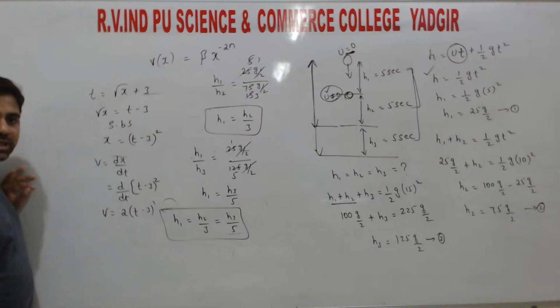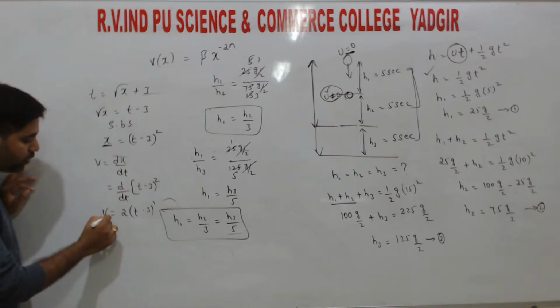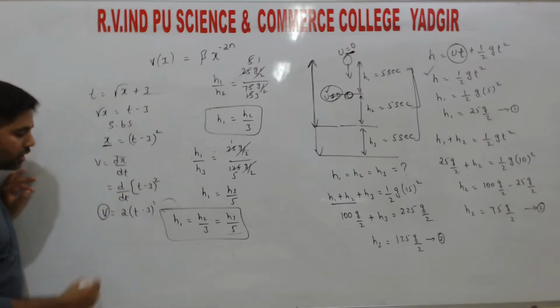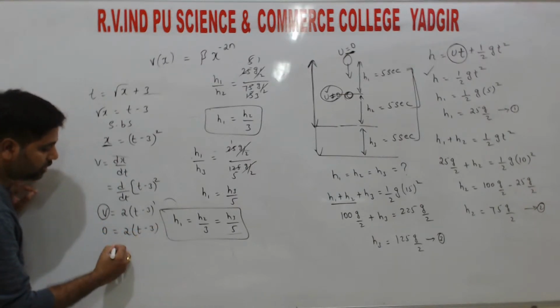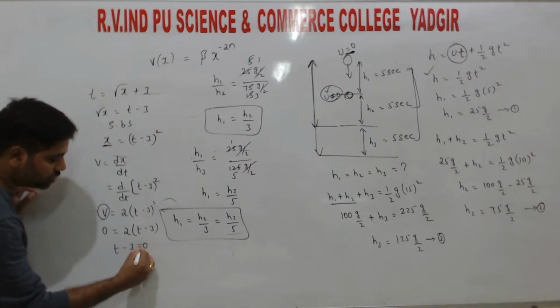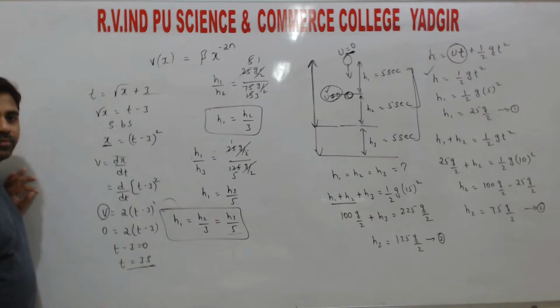So 2 into t minus 3, that is the velocity. They have given that when the velocity is 0 we need to find the displacement x, so this value is 0, right? So 0 is equal to 2 into t minus 3, that means t minus 3 is equal to 0, so t is equal to 3 seconds.